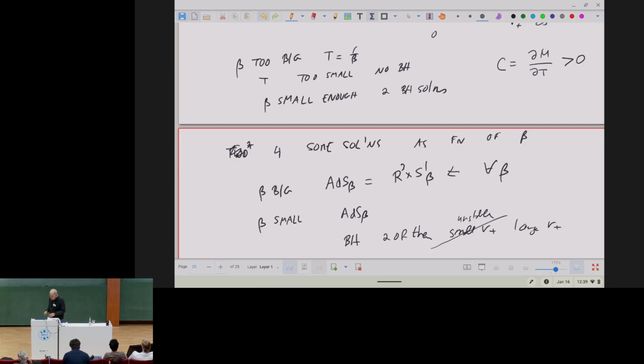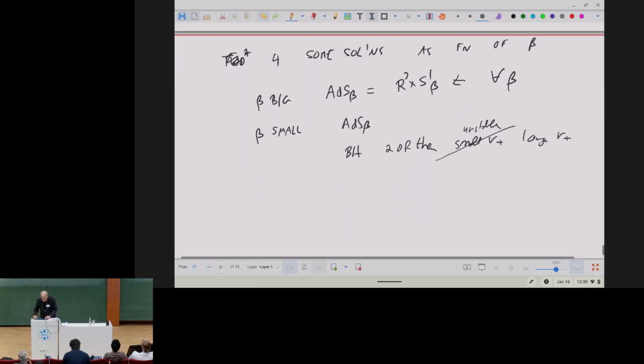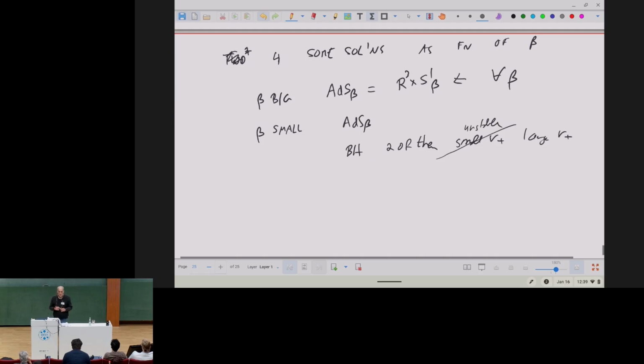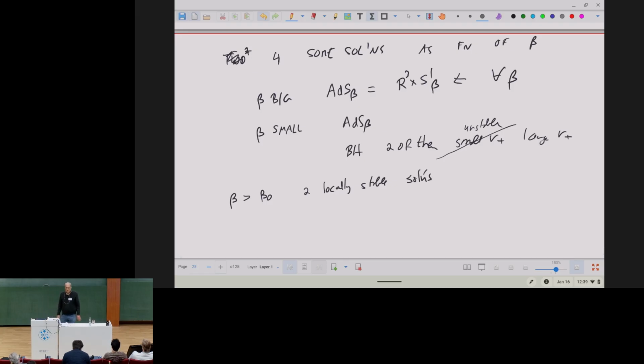To know which one is truly stable, you'd want to minimize the action. So, in a certain range of beta, where there are two locally stable solutions, you have to calculate the action of the two solutions and see which one has lower action.